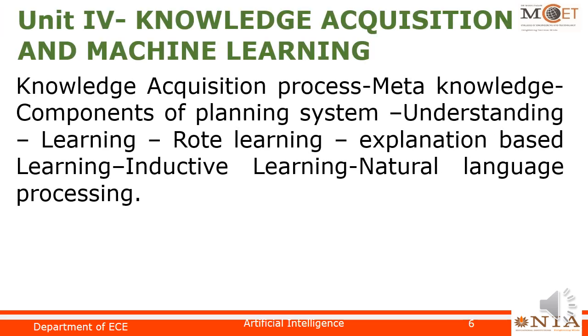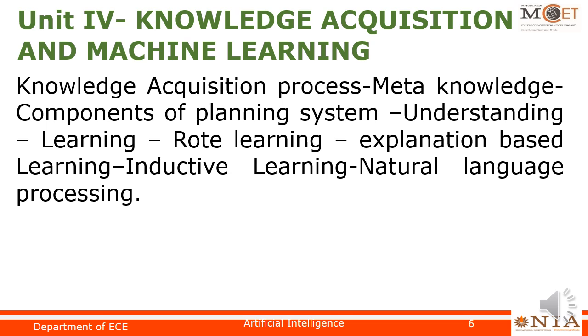Then in unit 4 we are going to discuss knowledge acquisition and machine learning. Here we are going to learn about the knowledge acquisition process. We all know that knowledge acquisition happens through the process of learning, and we are going to discuss meta knowledge and the components of a planning system.